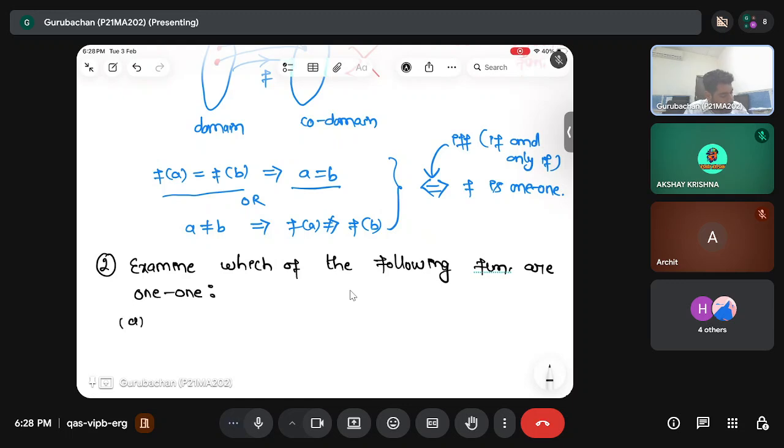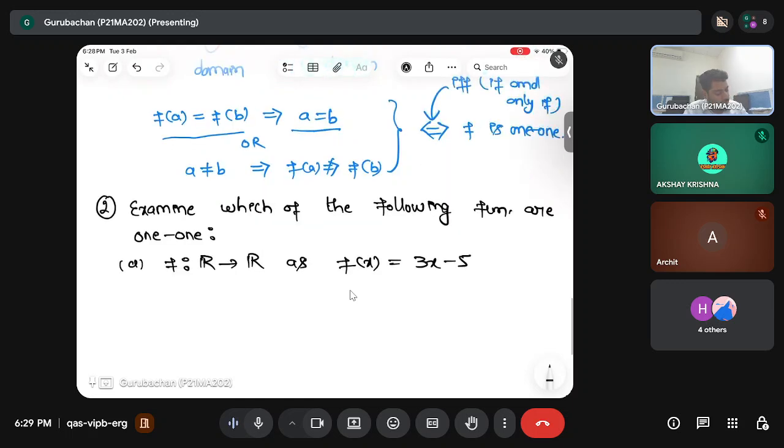The first one is f, a function from R to R, defined as f of x equal to 3x minus 5, while g is a function from R to R defined as x square. Tell me out of these functions which is one-one and which is not one-one, and what is the counter example if it is not one-one, and if it is one-one then what is the proof of it. Try.